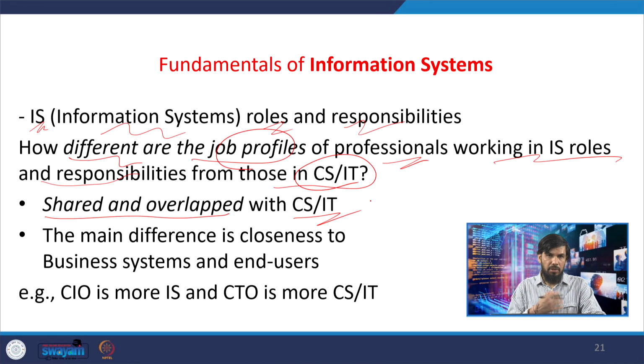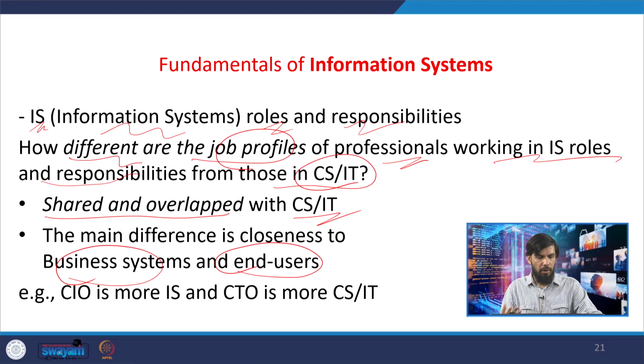So the main difference is that when you actually do it, you might be in similar roles and responsibilities, but you might be closer to the business systems. If you are in an IS role, you will feel closer to business systems or end users, and the people who are into more CS and IT will be closer to the technology, right.